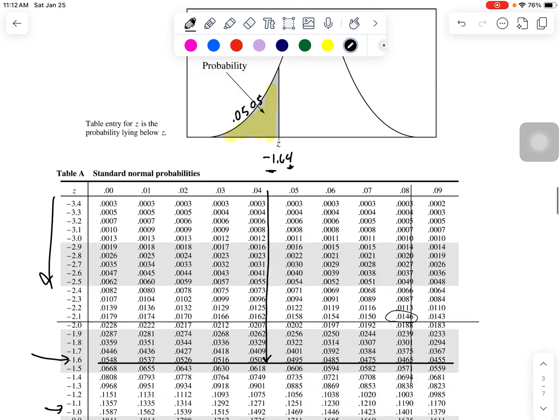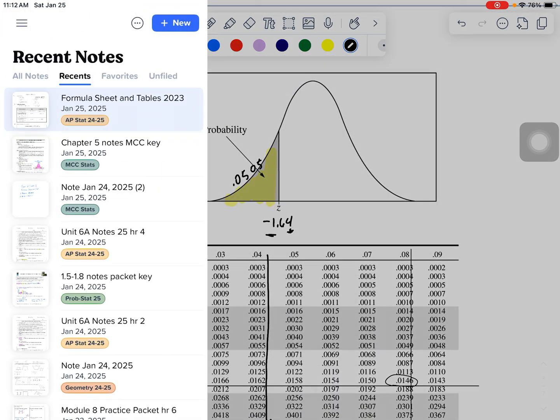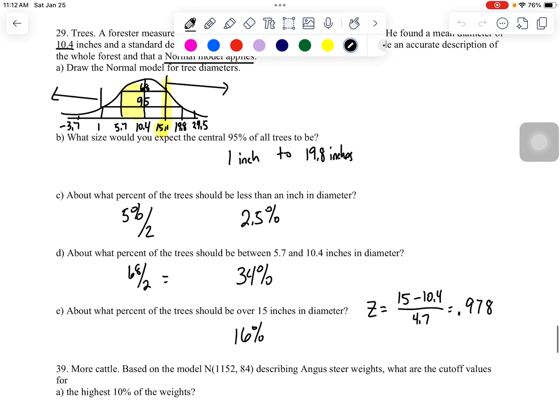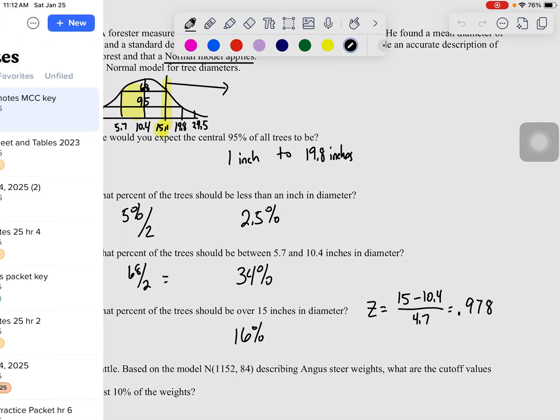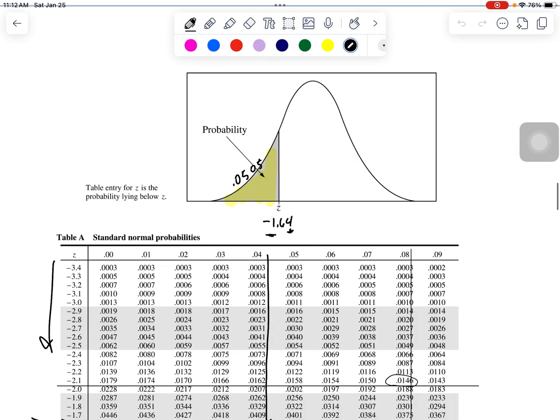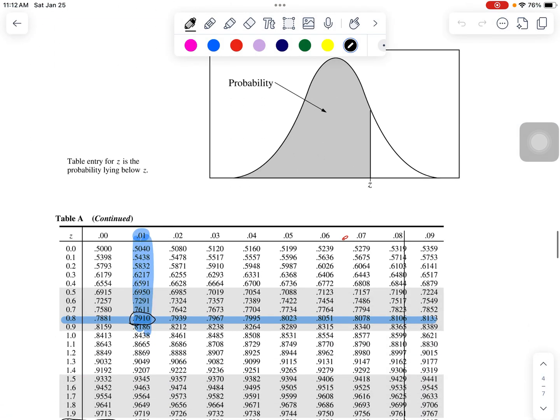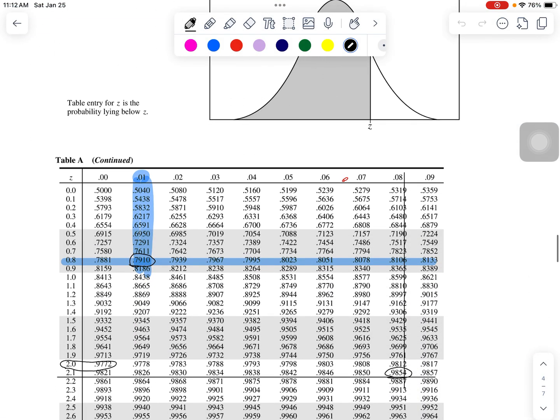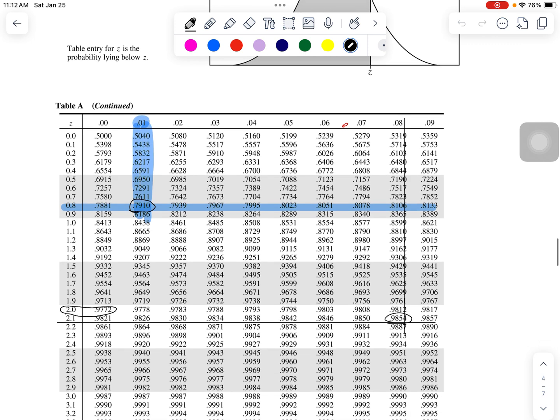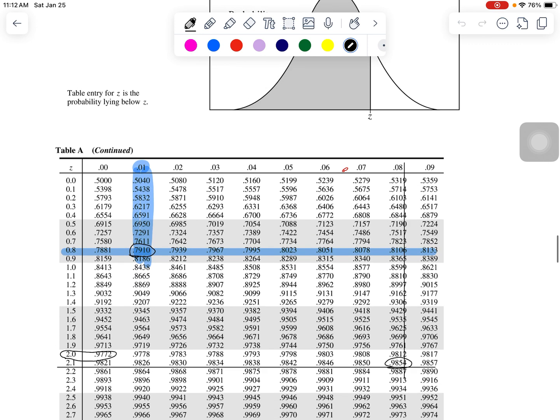Let's flip back here to make sure that we're looking up the right thing. Okay, it was 0.978. We can't go any further than the hundredths place, so we're going to go 0.98. As we go back to this, we have to be on the plus side, so we are going to be over here.